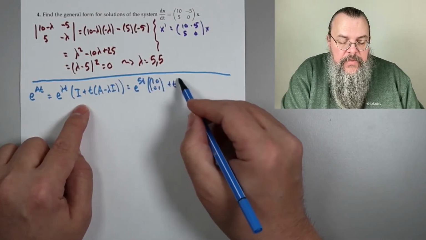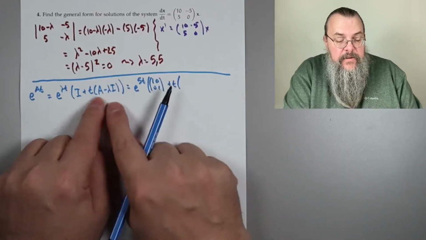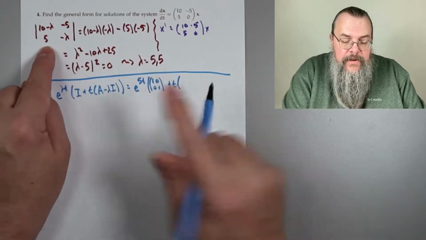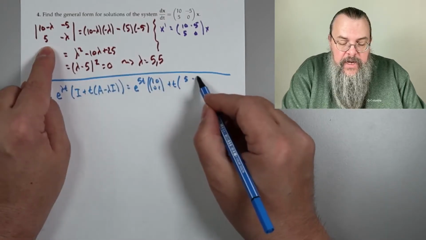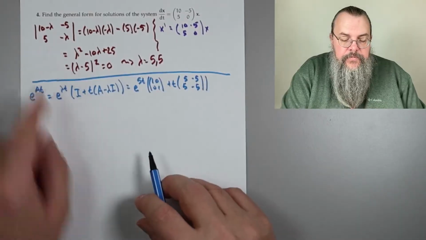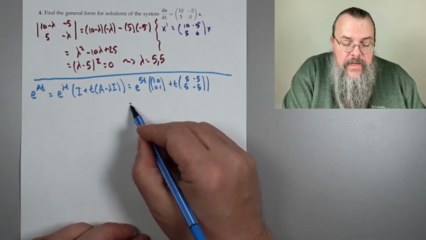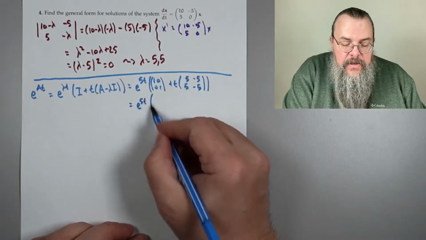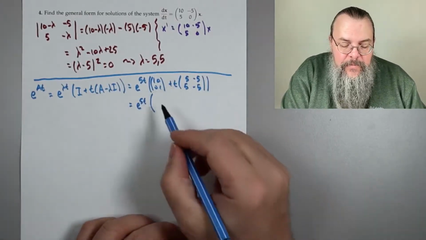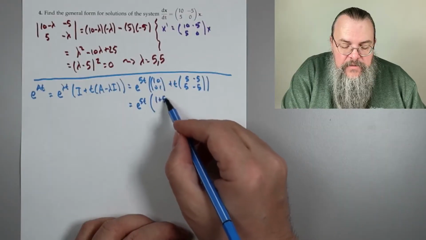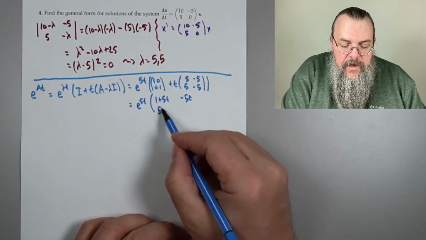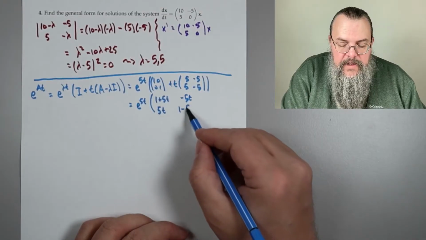Plus t, now A minus lambda I. So we're putting in 5, so you have 5 minus 5, 5 minus 5. Well, all right, that's e to the 5t, and I'm going to squish it into a single matrix: [1 plus 5t, minus 5t; 5t, 1 minus 5t].